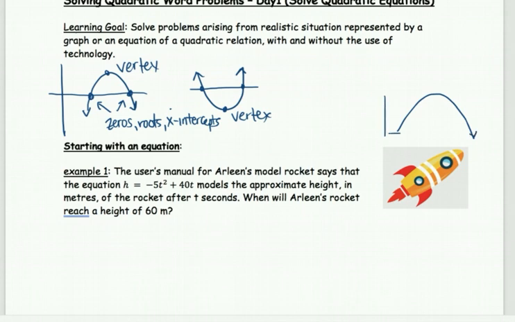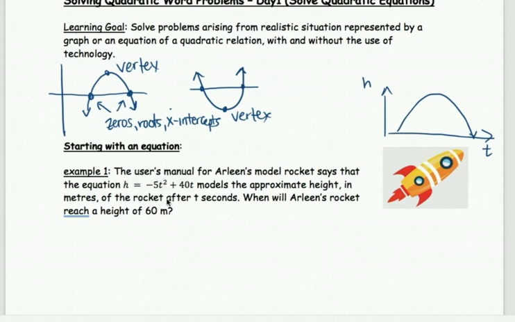So we have an equation that represents the path of this rocket. It's saying that h is the height, so h is like y, and t is like x, right? So time goes here. This is the time that passes, and this is the height that the rocket gets to.